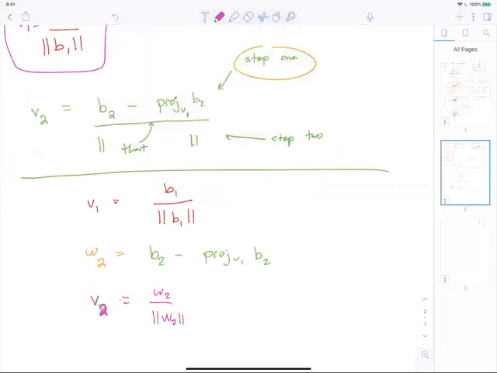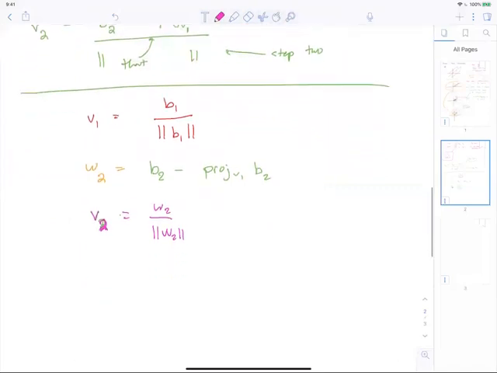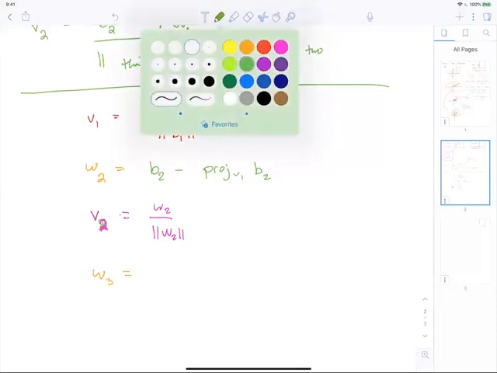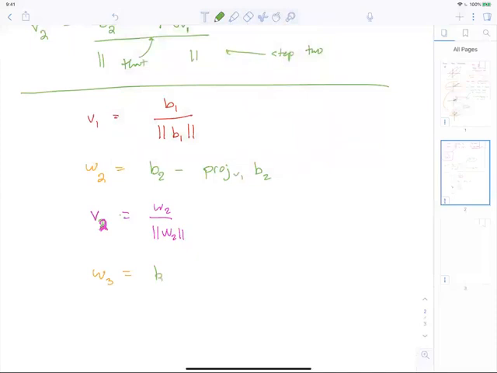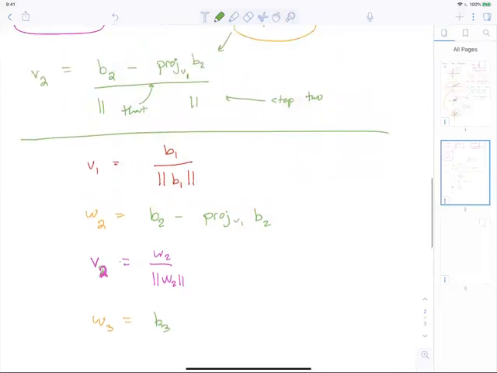And what's really nice is this keeps going. So what does the third vector do? For the third vector, we have to take the original third vector. And one of the main differences is now there are 2 vectors to project onto.